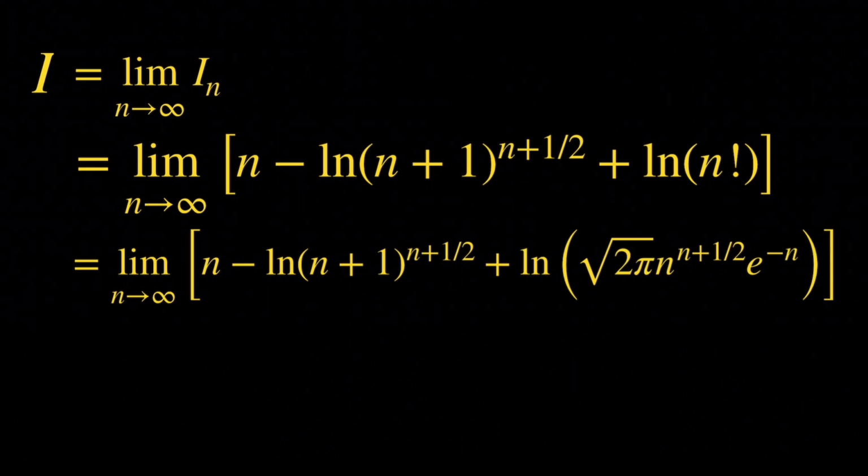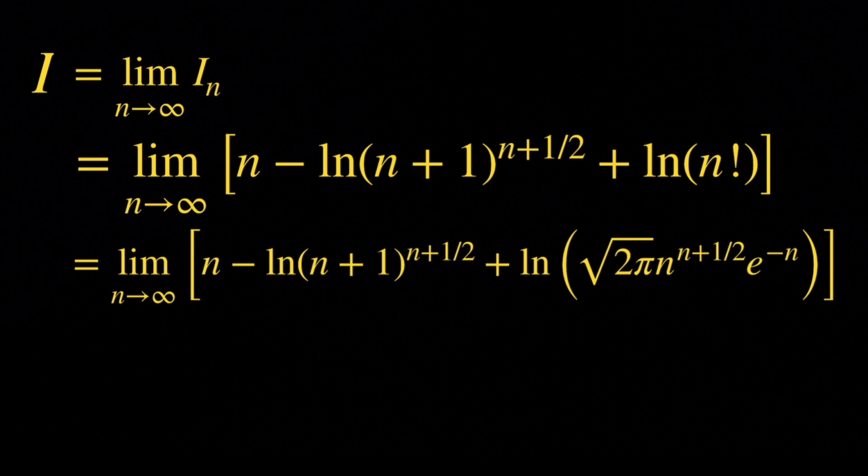Okay, now notice how I wrote it: square root of 2 pi times n to the n plus 1 half times e to the negative n. Now the natural log of e to the negative n is simply negative n. So that negative n is going to cancel with the first term there, which is n. n minus n is going to be 0.